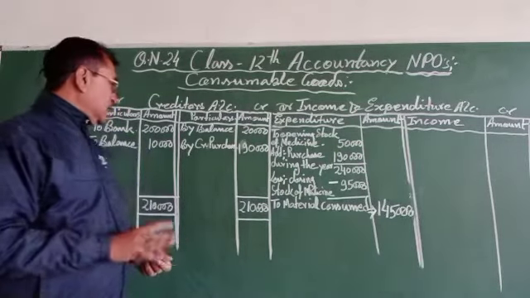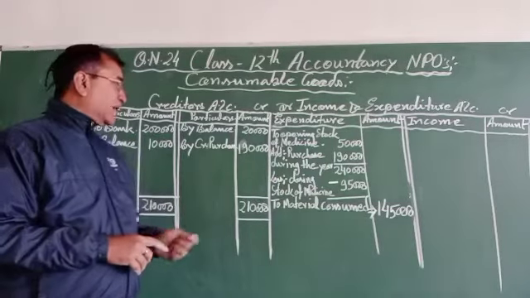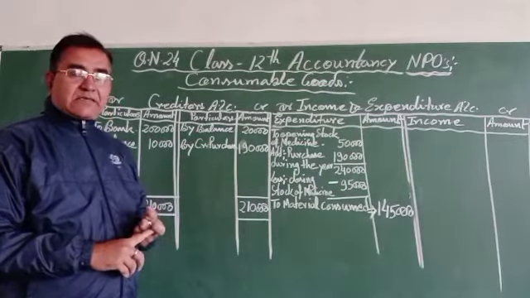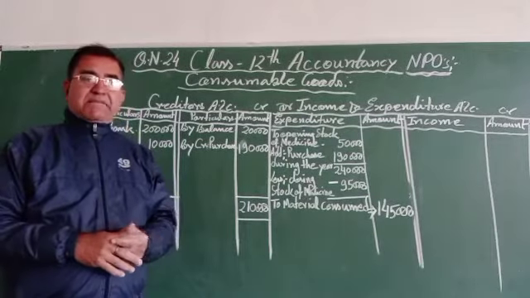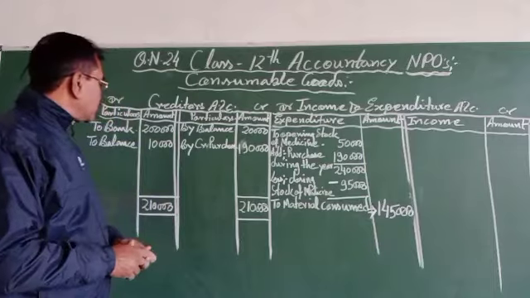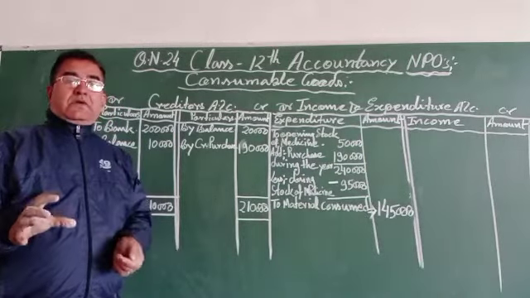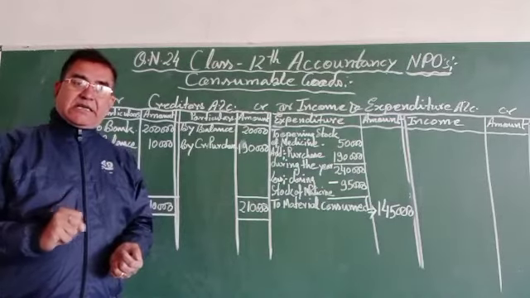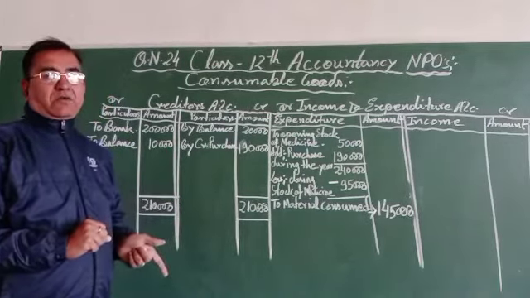It has been said the closing creditors will be 50% of opening creditors. First step: we have to calculate the stock purchased during the year by preparing the creditors account.